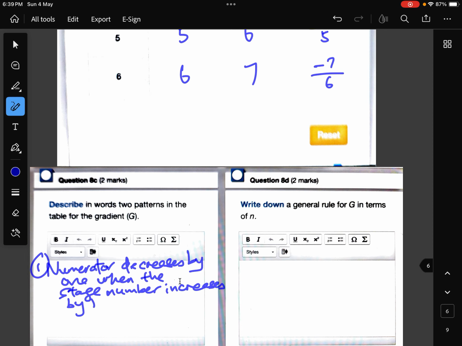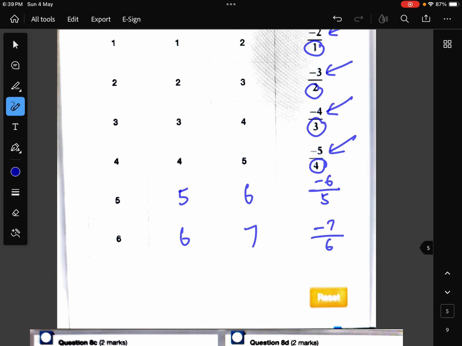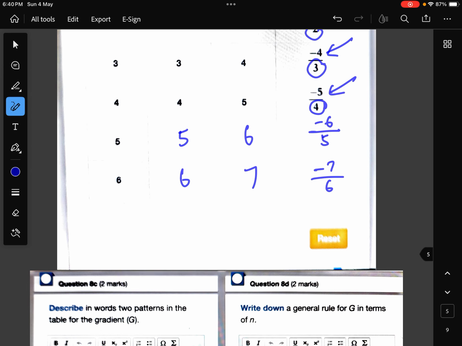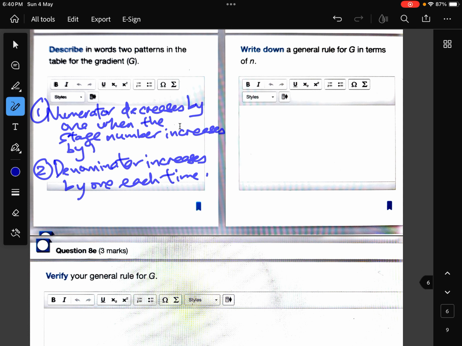So that's the first pattern. Then you could say that the denominator is always increasing by 1 as well, increases by 1 each time. Okay, so that's the pattern that I will probably write for the gradient.